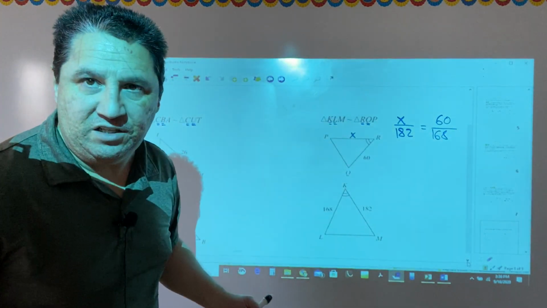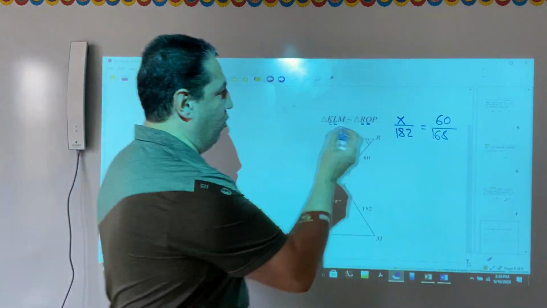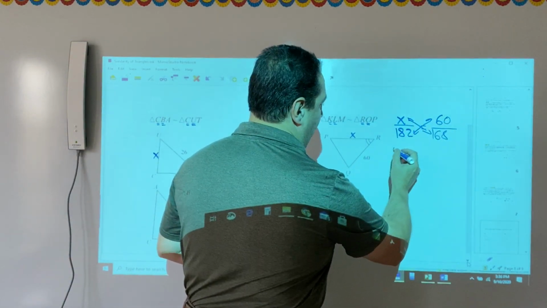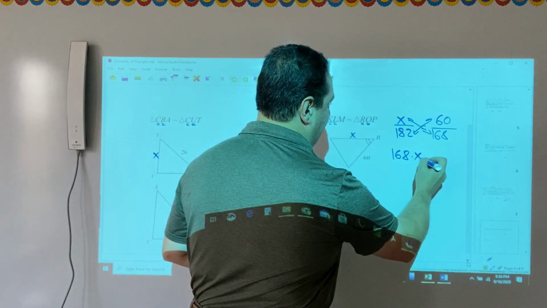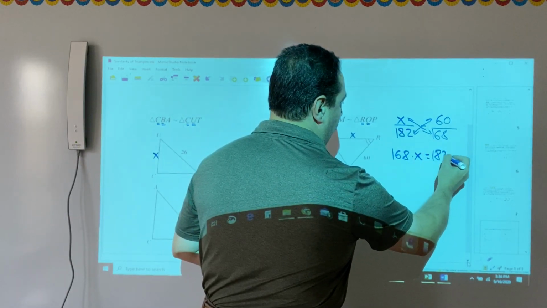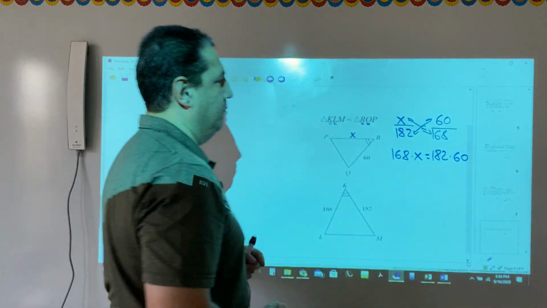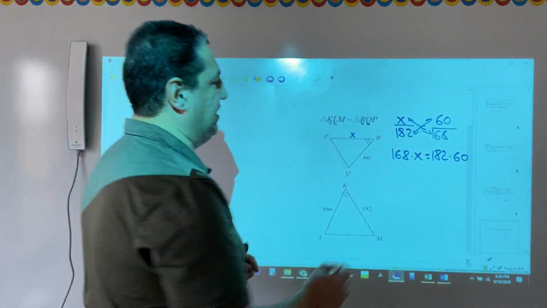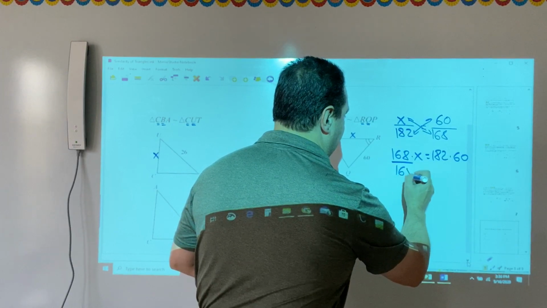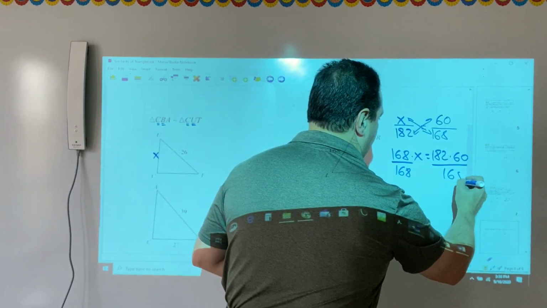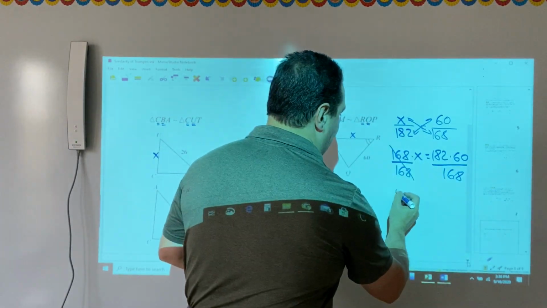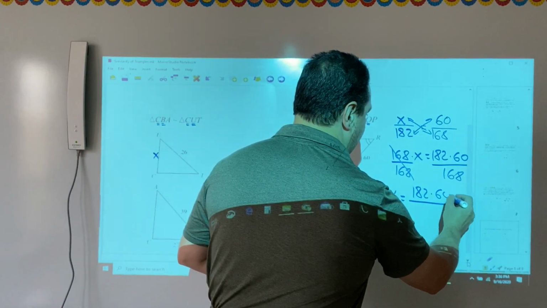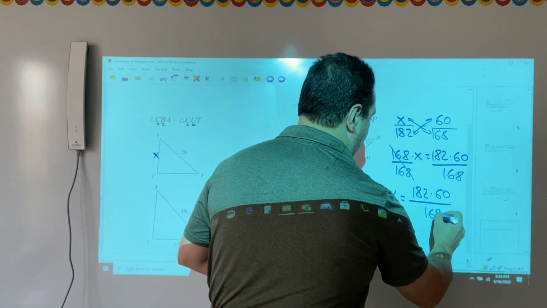And then we start solving for x. Again, cross multiplication. So, you're going to get 168 times x equals 182 times 60. Then we get rid of 168 by dividing both sides by 168. These two divide out, and we remain with x equals 182 times 60 over 168.